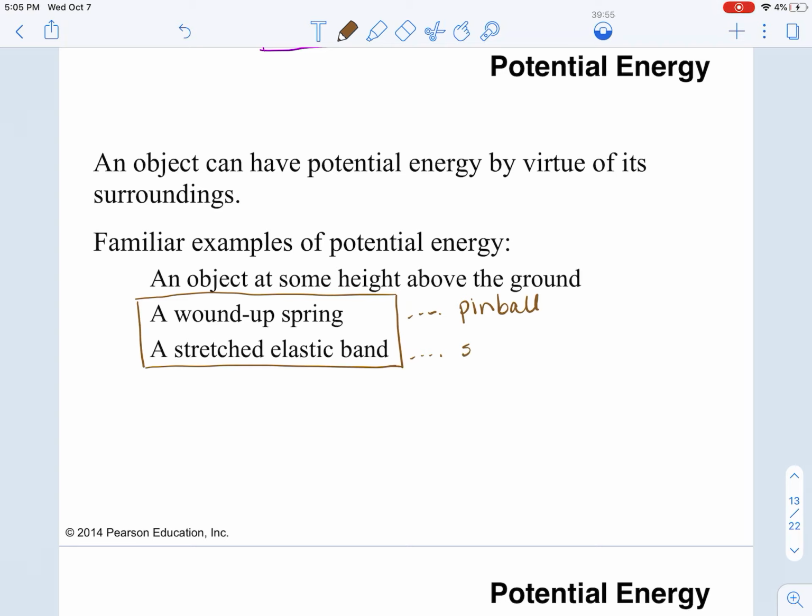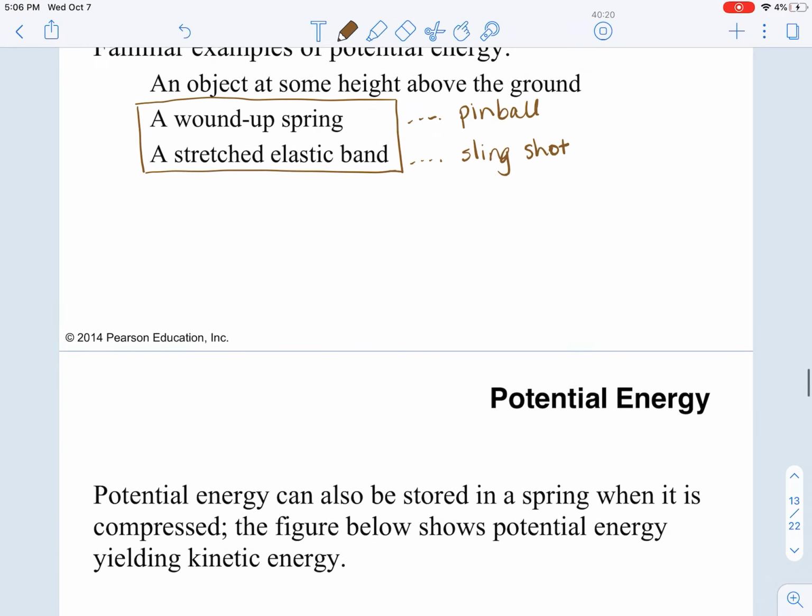Stretching a band, I'm reminded of a slingshot, where you are taking that rubber band and you are stretching it. So what you are doing is you are applying a force, which is exerting work onto the elastic band or the rubber band, which has now created stored up potential energy waiting to turn into kinetic energy as soon as you let go of that rubber band, right?